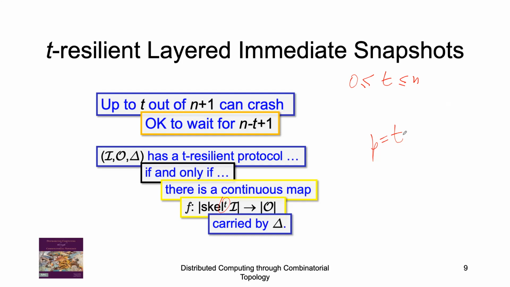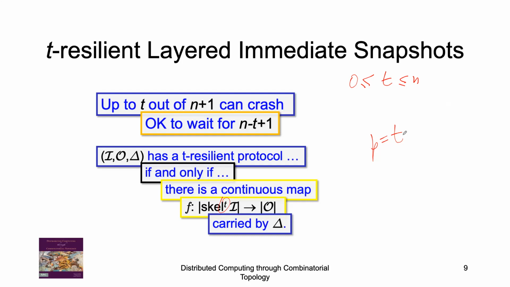In the extreme, no process can fail because t is 0. Exactly. If t equals 0, it means that nobody fails. You can solve any task. This is the most powerful model you can think of. And the other extreme is wait-free. This is the weakest model you can think of, because there are very few tasks that can be solved, and these are tasks of the type of epsilon agreement, approximate agreement at best.